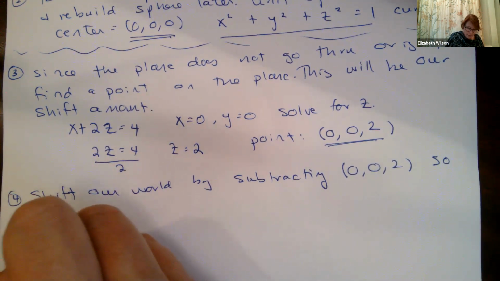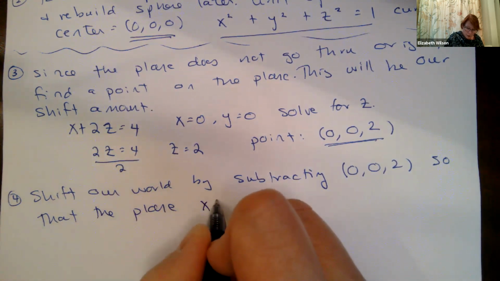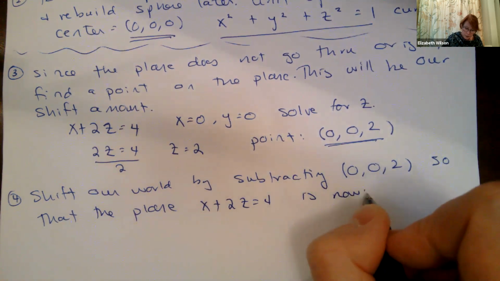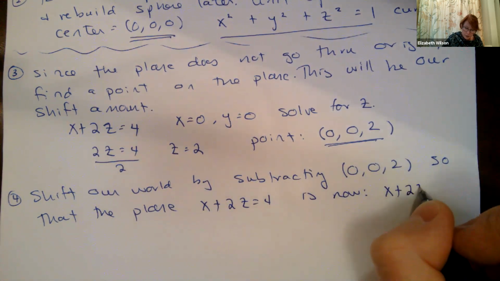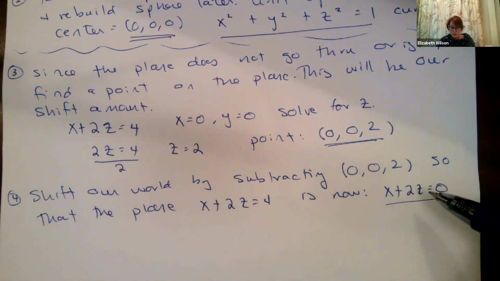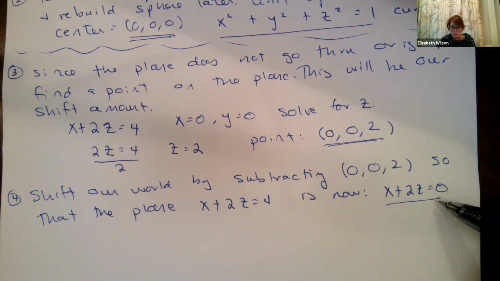So that the plane x plus 2z equals 4 is now x plus 2z equals 0. Right? If I do this and I check my origin, 0, 0, 0, it's going to be on the plane, 0 equals 0. It'll be true. So this is what we want.